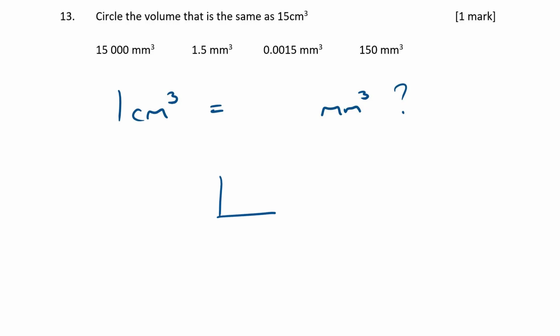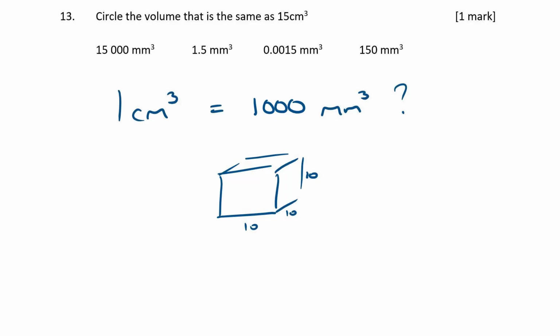So if you had a cube where all the sides were 1 centimeter, then in millimeters that would be 10, 10, and 10, wouldn't it? 10 times 10 times 10. And 10 times 10 times 10 is 1,000. So there are actually 1,000 cubic millimeters in a cubic centimeter.